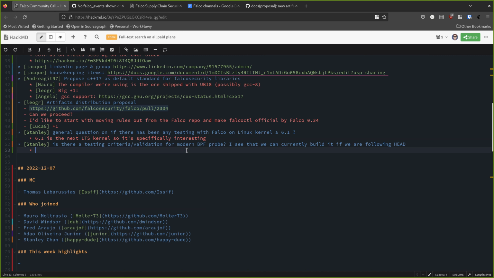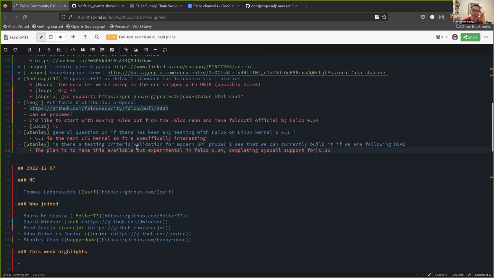The idea is to port all of them to the modern probe for the next Falco release, so probably Falco 0.35. For 0.34, we'll ship this as an experimental feature. It should work. If you run Falco without the -a option, it should work great. But it's experimental, so it could be that something doesn't work as expected. But I've tested it and it seems to work.